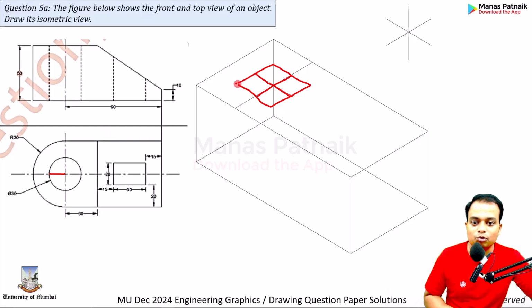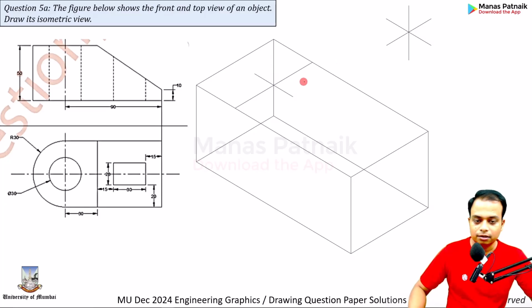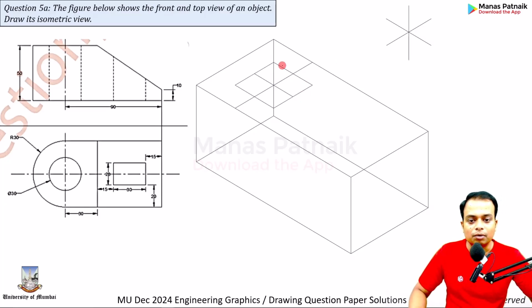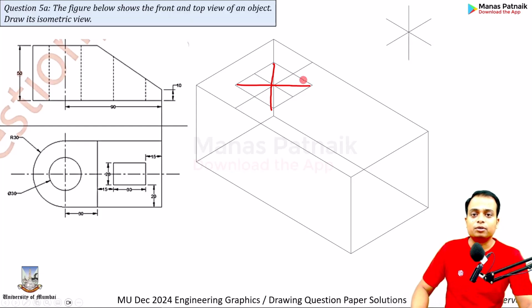You always have to move parallel with respect to these isometric axes. Smaller diagonal, larger diagonal. If you have seen my previous videos on isometric drawings, you know what I'm talking about. This is a little bit of construction that's needed to create an isometric circle. That's it.